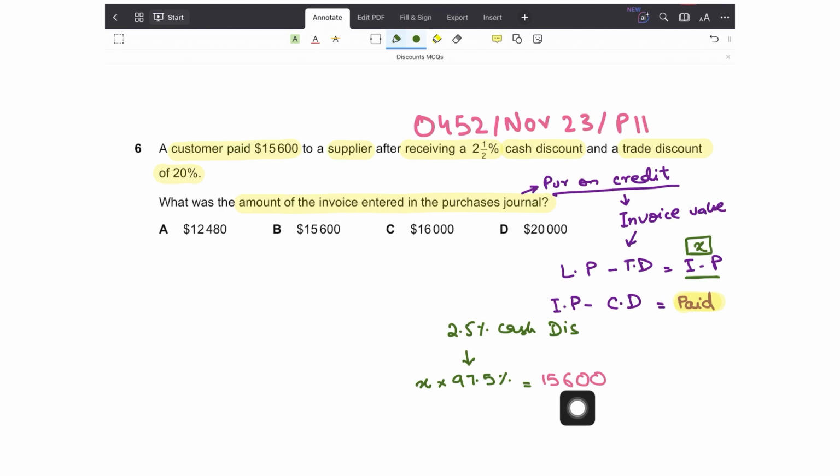So the customer is paying 15,600 and the invoice price was X. We don't know that yet, which is 2.5% less of the value which it was. So that makes it 97.5% of the actual value, because I am paying 2.5% less.